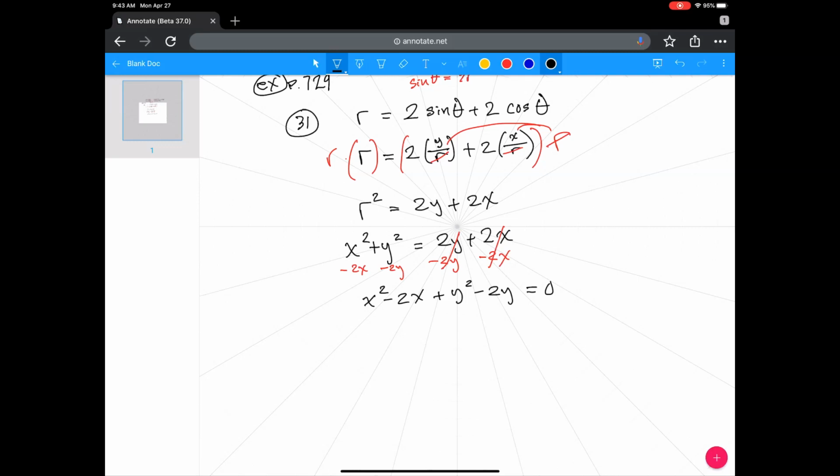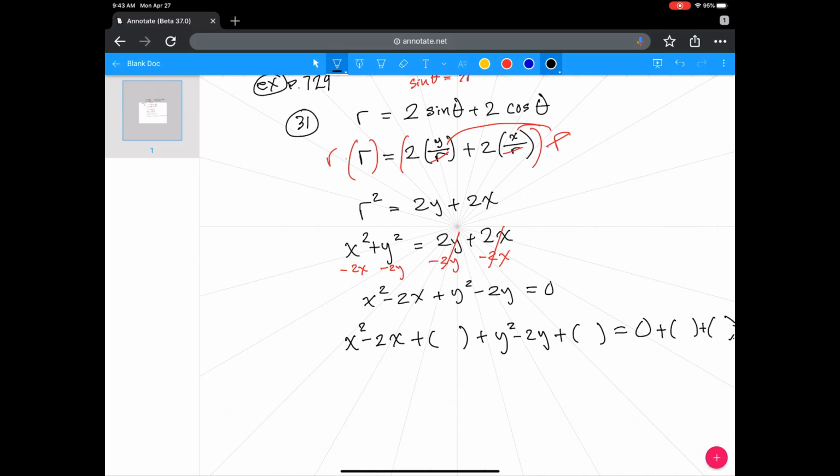And the way you complete the square is you add in constants here and here in order to complete the square, and if you add them in on the left, you of course have to also add them to the right to do the same thing to both sides.